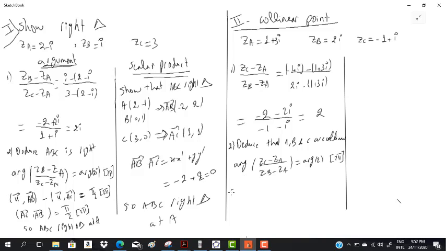So the argument of a fraction equals the argument of the numerator, ZAC, minus the argument of the denominator, ZAB, which equals the argument of 2. The argument of any positive real number is 0, modulus 2 pi. So this is the angle that U makes with AC, and this is the angle that U makes with the vector AB, and the difference equals 0 modulus 2 pi.